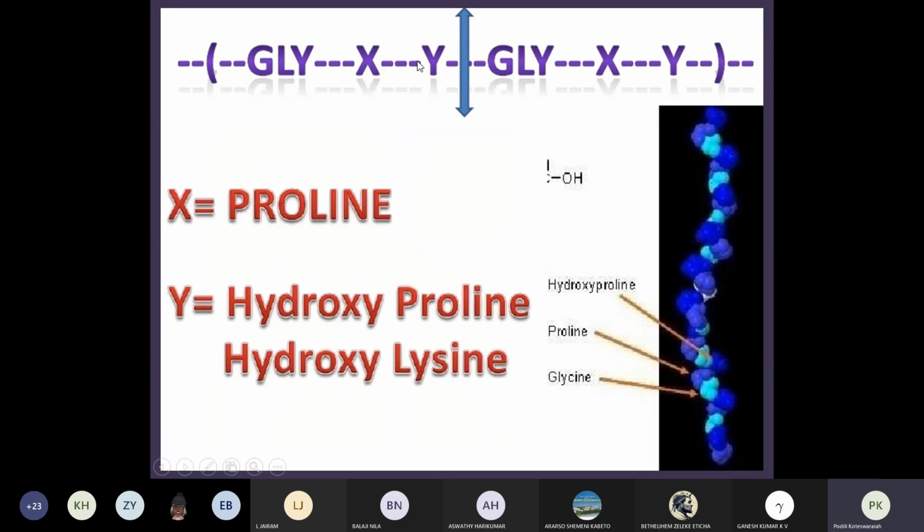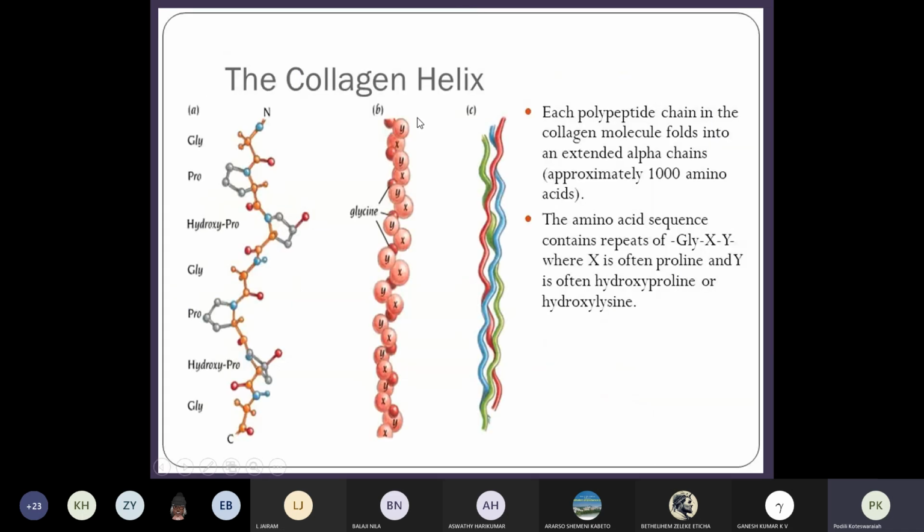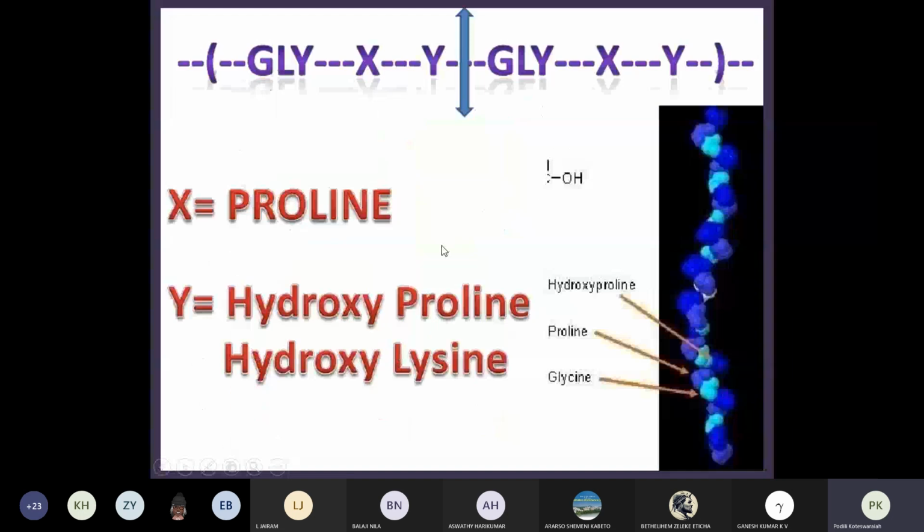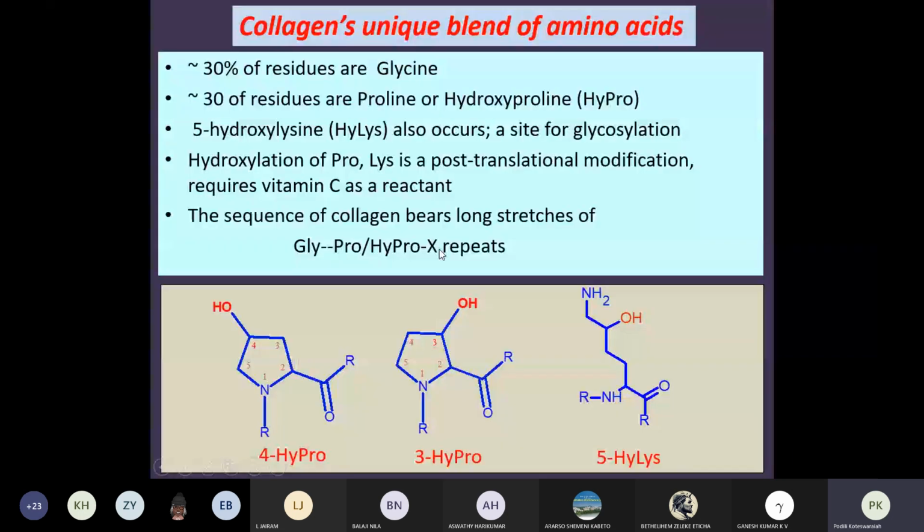This tripeptide repeats many times in a single polypeptide chain. In the amino acid composition of collagen, 30% of the residues are glycine, and another 30% of the residues are proline or hydroxyproline.